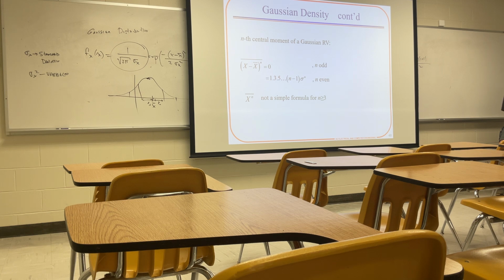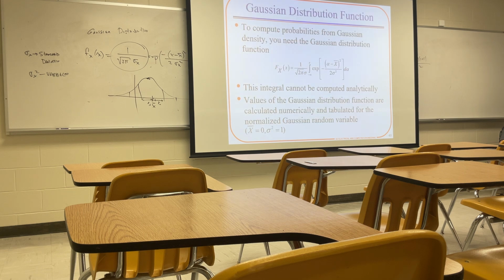If you have n equals 1, because you're going to take x minus x bar, and you think about a central moment, even though the mean value won't be 0, the central moment will be. So when n is 1, 3, 5, 7, it's 0. However, if n is even, I can't prove this, but the value of a central moment is just the odd values, 1, 3, 5, and it's really going to be 1 less than the actual place you stop at.